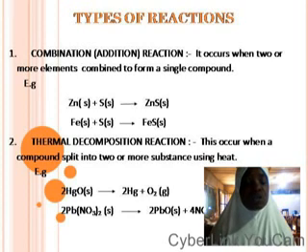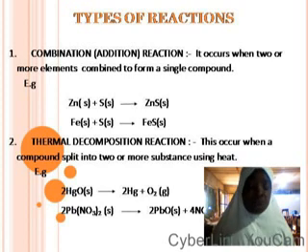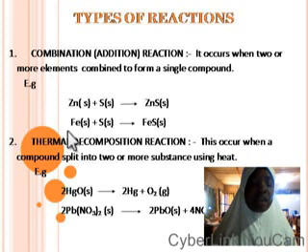The first one we are going to look at is the combination reaction, which is also known as the addition reaction. This type of reaction occurs when two or more elements combine to form a single compound. For example, when zinc reacts with sulfur, it produces zinc sulfide. Another example is when iron filings react with powdered sulfur.